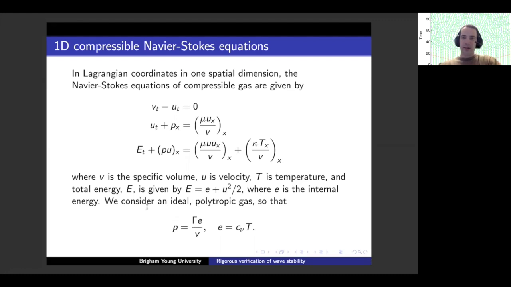And then we're considering an ideal polytropic gas equation of state. And so the pressure function takes a very simple form. It's the Grüneisen constant times the energy divided by the specific volume. And then it turns out energy and temperature are related in a linear fashion, just by a constant scalar.